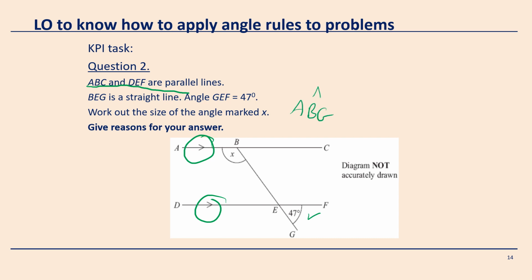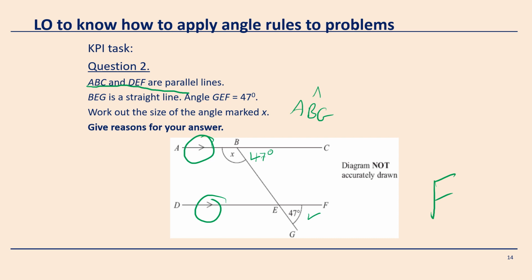Okay, so there's a couple of ways you might have done it a different way, right? But I can see that 47, if that's 47, this has to be 47, right?